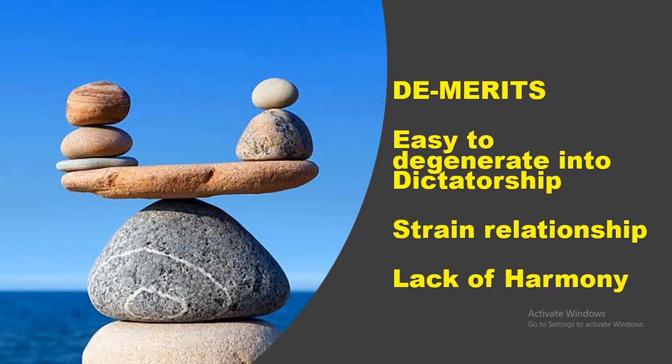It's easy to degenerate into dictatorship, and also to strain the relationship between executive and legislature. If so, it will not be able to run a proper government, and it doesn't work for the welfare of the people. That's why the demerits have to be put to an end. Not only that, the lack of harmony between legislature and executive is also there.